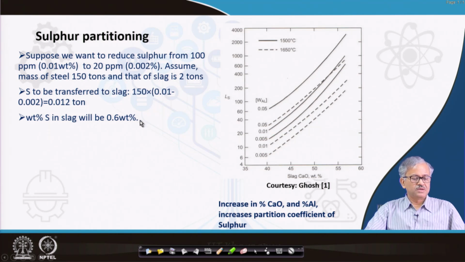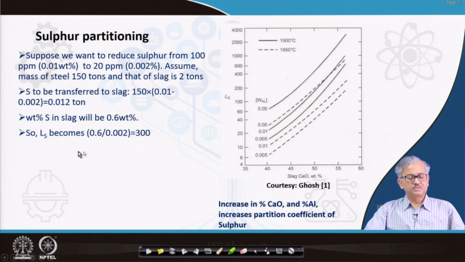Then LS becomes the weight percent of sulfur in the slag divided by the weight percent of sulfur in the metal. That gives you a partition coefficient of 300. So this is the partition coefficient that is required in any industrial plant or vessel. LS has to be 300.